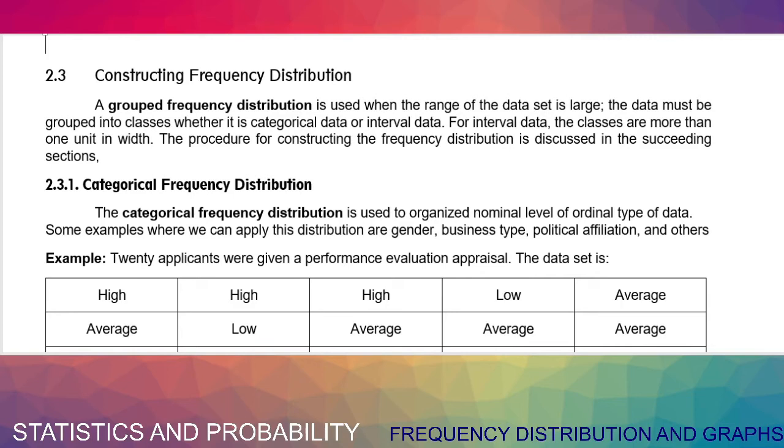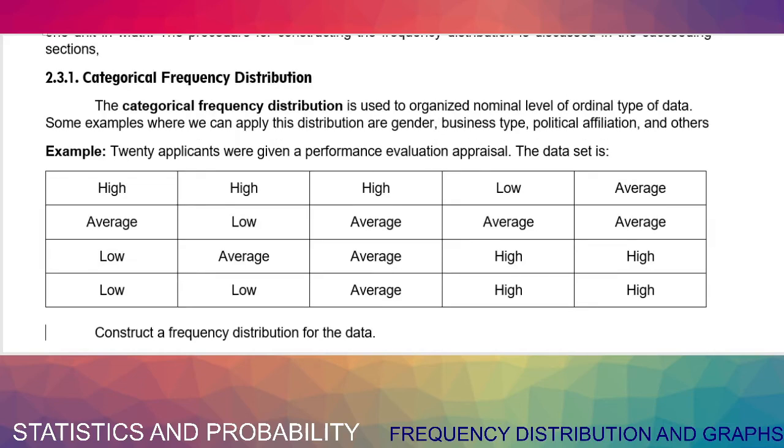The data set is given below. Construct a frequency distribution for the data given. So we will create a frequency distribution based on the given categorical or nominal level or ordinal type of data. Okay?